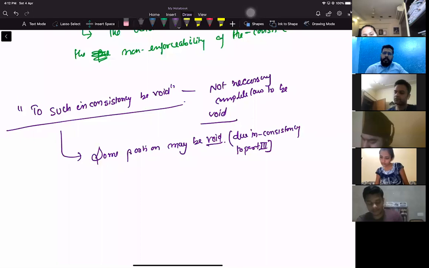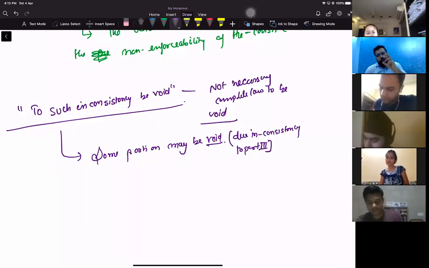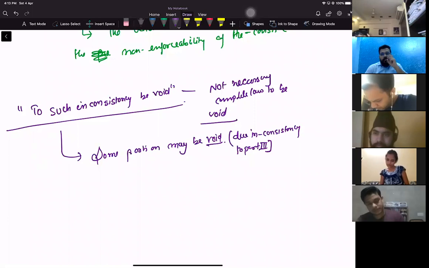What they are saying is that those laws are still enforceable, but if they abridge or infringe any fundamental rights or any provision of the 3rd part of the constitution, to that extent they are void.